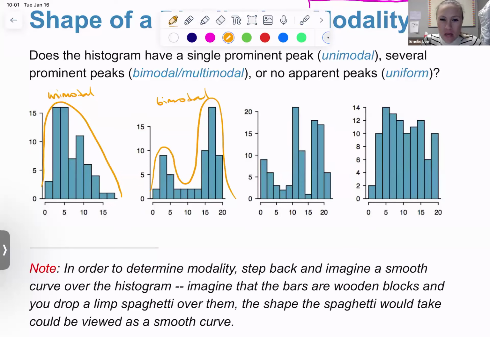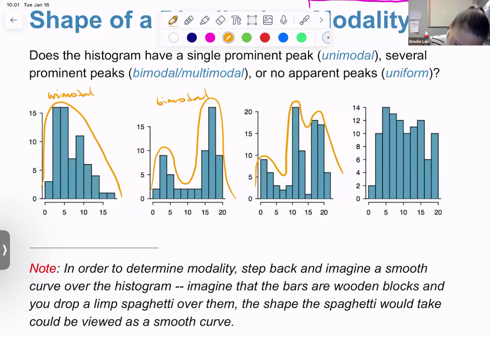Yeah. The next one, and you want to kind of, well, like it says, you want to step back, and I usually say squint, right? You want to kind of pretend like, okay, I could probably smooth this out, right? But it would dip down a little bit, I would say. Okay.